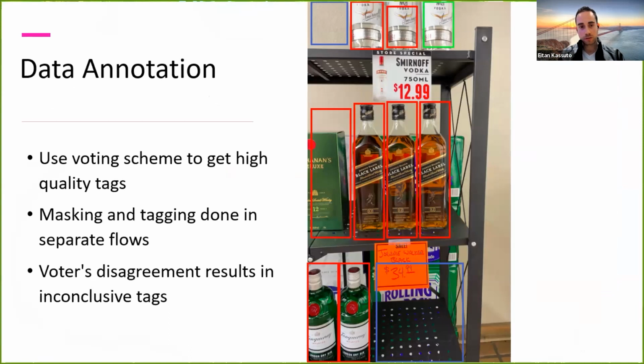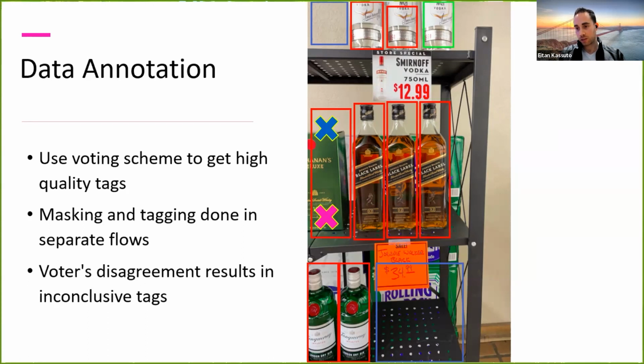So before moving on to the project itself, I thought I'd talk a little bit about data annotation at Trax. Data annotation at Trax is basically split up into two streams, with one team generating the bounding boxes and the other team providing the labels for those bounding boxes. The labelers, which we also call voters, are able to vote on what the label should be.